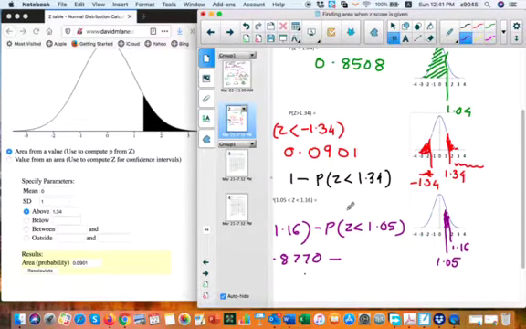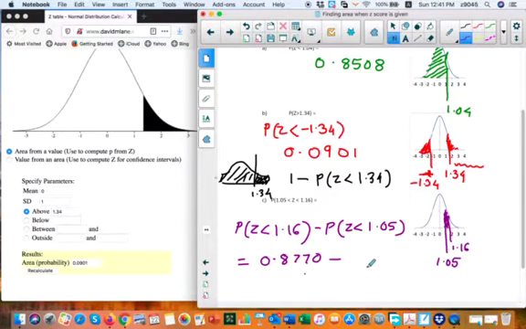Going back to question, the probability for z less than 1.05 is 0.8531, and when we solve it, we get the value as 0.0239. Let us verify the same answer with the calculator.